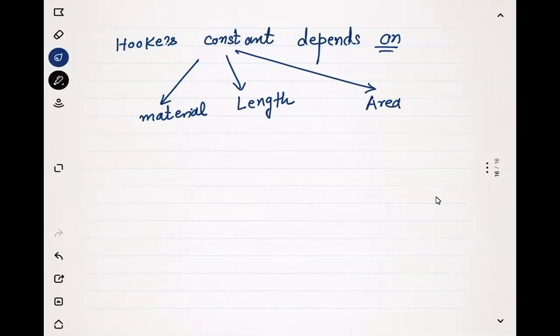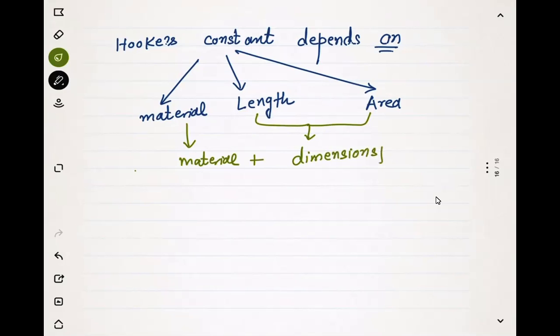In more accurate words, it depends on the material and dimensions. Hooke's constant depends on the material and it also depends on the dimensions. This is the Hooke's constant.